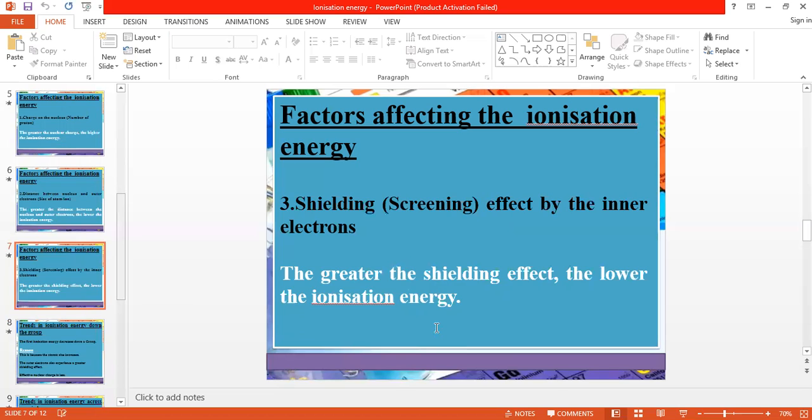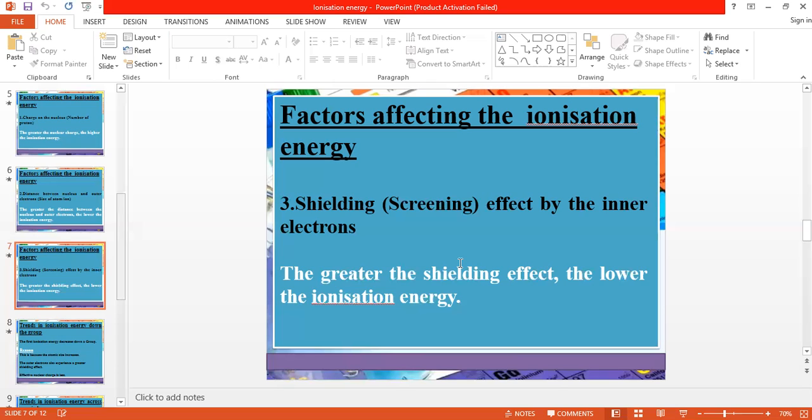Understand? An electron present in N2 and an electron present in N3 are both electrons with negative charge, so the repulsion between them is greater. Because of the same charge, this repulsion is what we call the shielding or screening effect: the repulsion between inner and outer electrons. If the repulsion is greater, it means we need less energy.